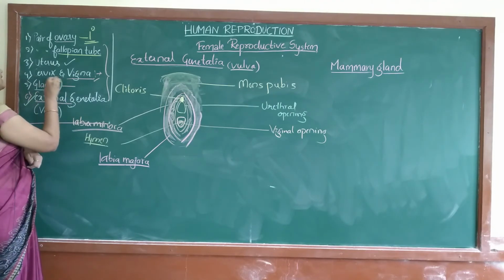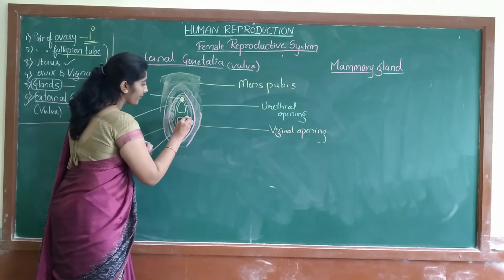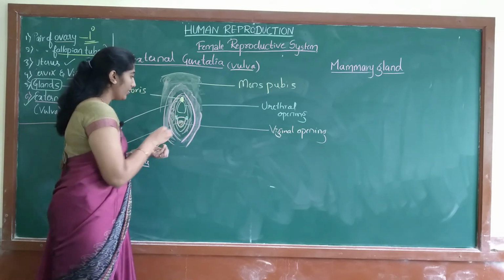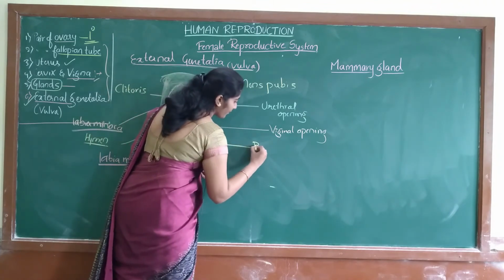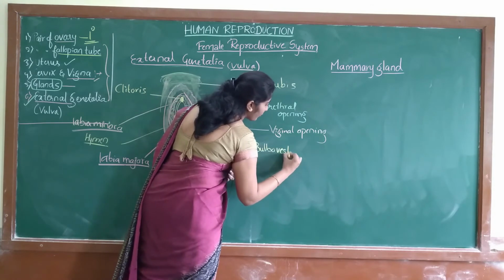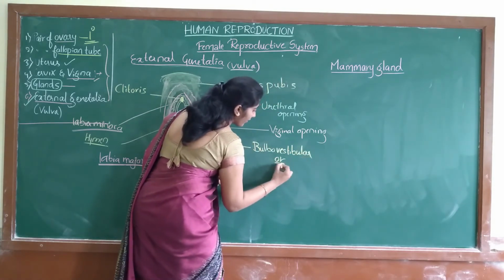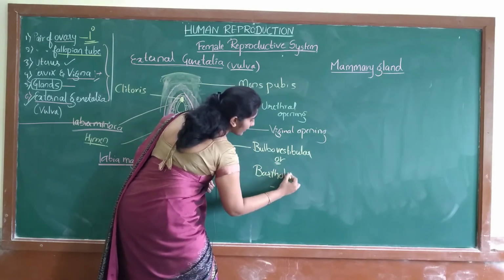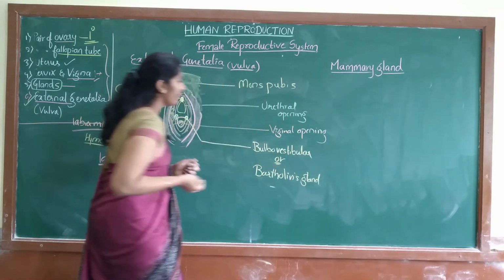We'll come to glands. Here, on either side of this vaginal opening, there are a pair of glands called the bulbovestibular glands or Bartholin's glands.